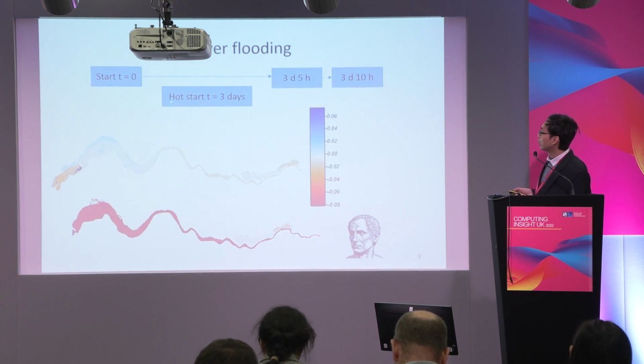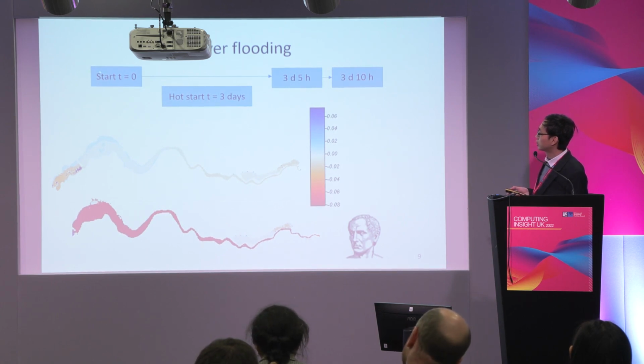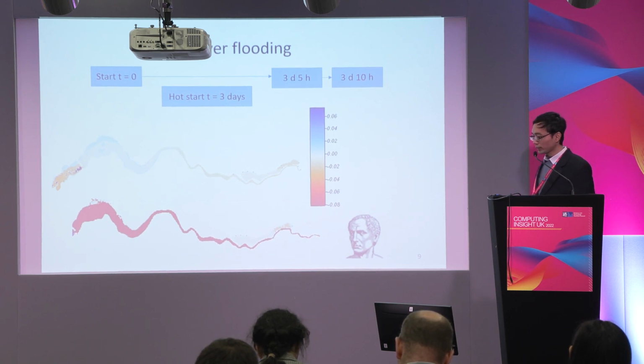So we have two approaches. One is to run a simulation of 3 days, 10 hours. And the second is to make a hot start at 3 days and then continue to run for the remaining time.